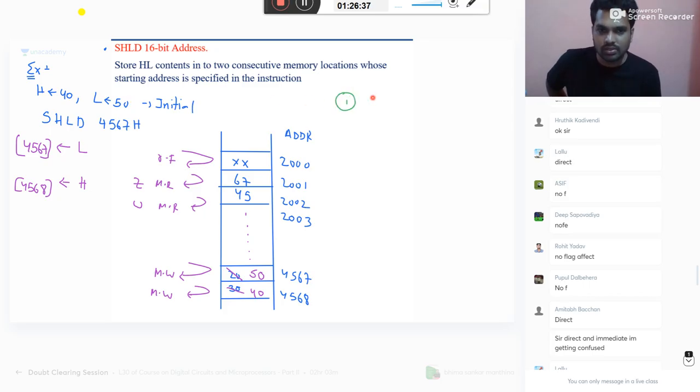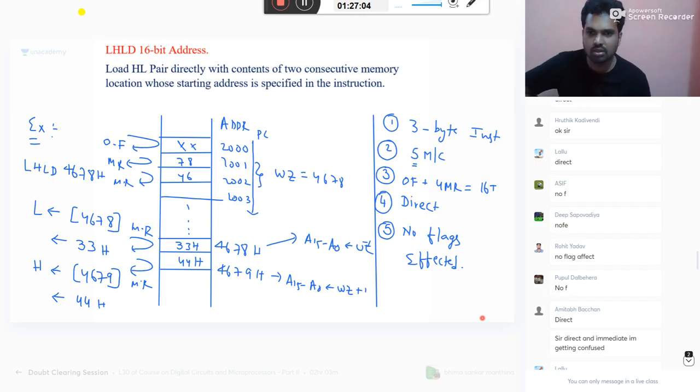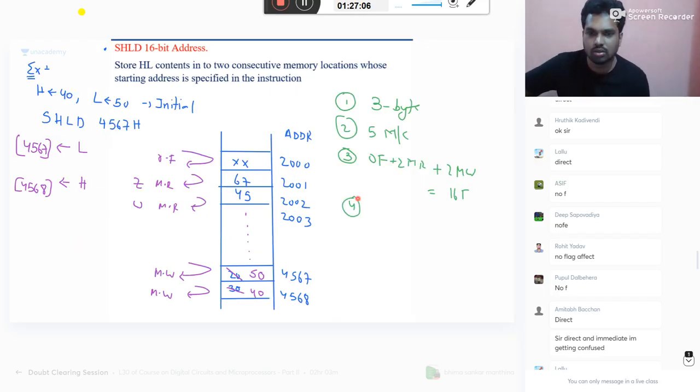How many bytes is the instruction? 3 bytes. How many machine cycles? 1, 2, 3, 4, 5 machine cycles. That is opcode fetch plus 2 memory reads plus 2 memory writes: 4 plus 3 plus 3 plus 3 plus 3, 16 T states. And the addressing mode is direct addressing.